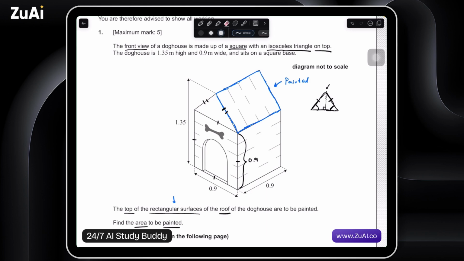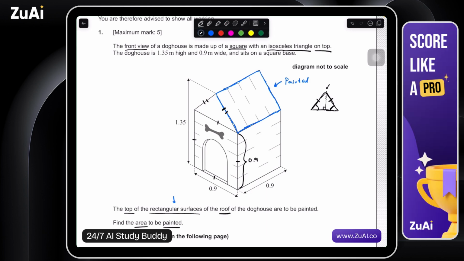So we have two right triangles that are a mirror reflection of one another. That's going to be important here as well. If we drop this perpendicular, this line from the highest point to the base, we also have a right angle here.